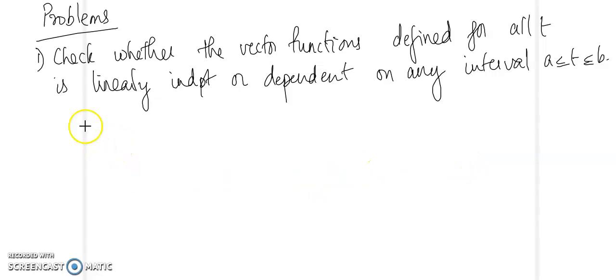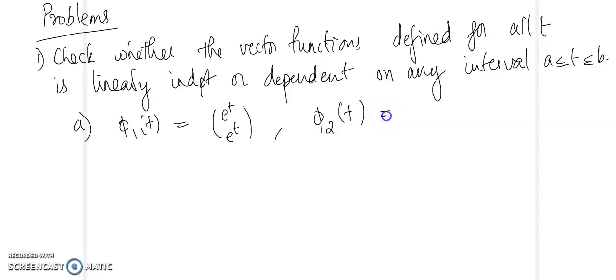So the first question is, you are given the vector functions phi1 of t equal to e raised to t, and phi2 of t is e raised to 2t and 2e raised to 2t. So we need to check whether the vector functions phi1 and phi2 are linearly independent or not.